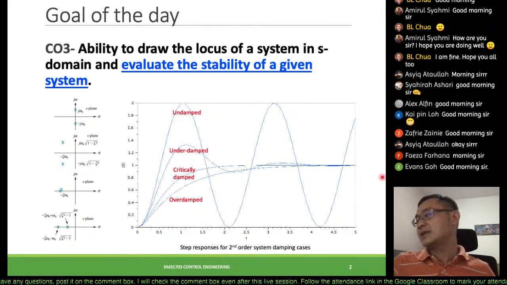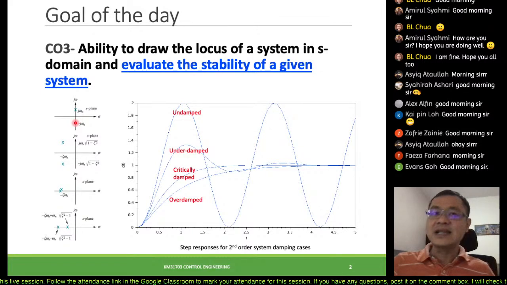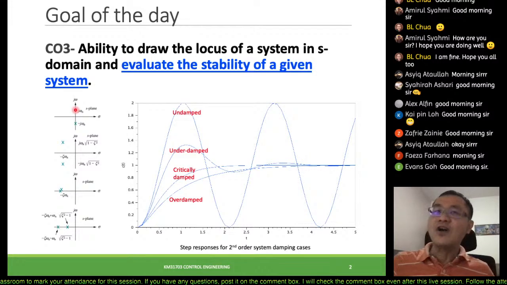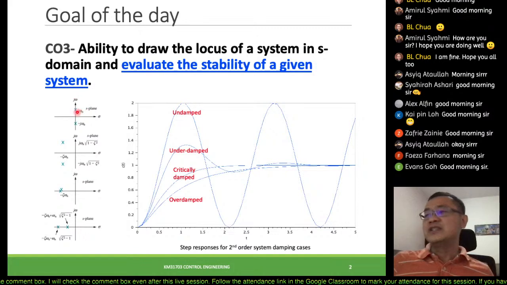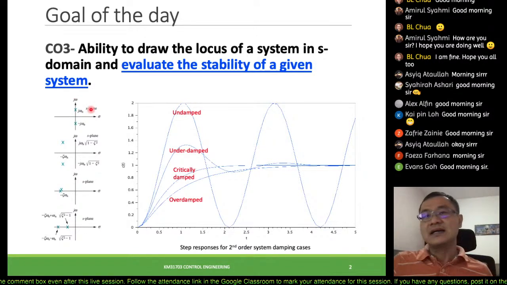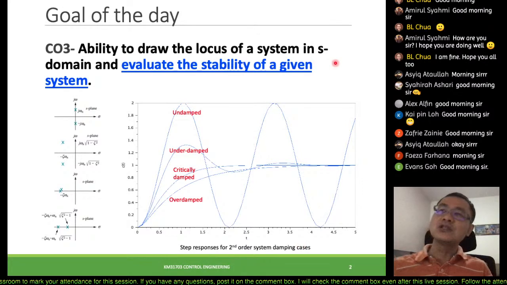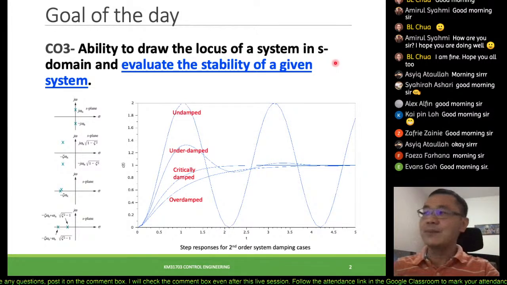The worst case is the undamped, which we still consider as lying partly on the left half plane. That's why this is the stable zone. What happens if the pole shifts to the right half plane? In that case, for sure it will cause the situation to become unstable. This is why the S-plane is important for us to visualize the stability of a system.